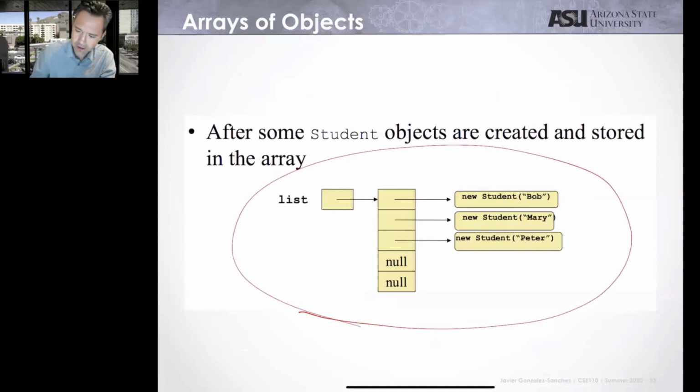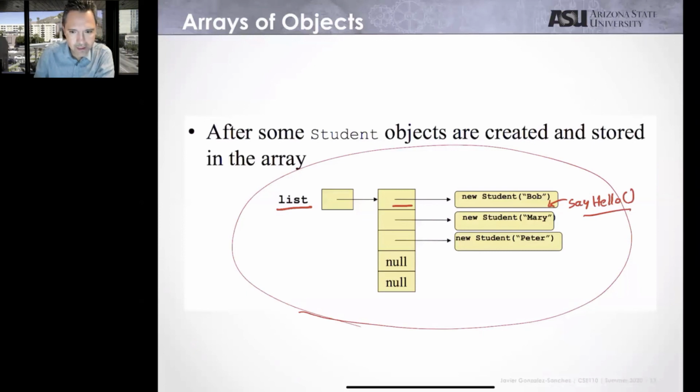Help me. This is an object, right? And inside of this object, maybe I have a method, sayHello. What can I do to call the method sayHello for the first student in the array list?